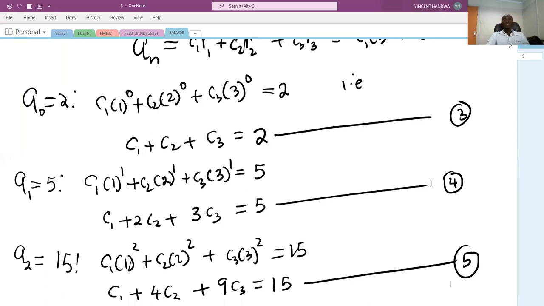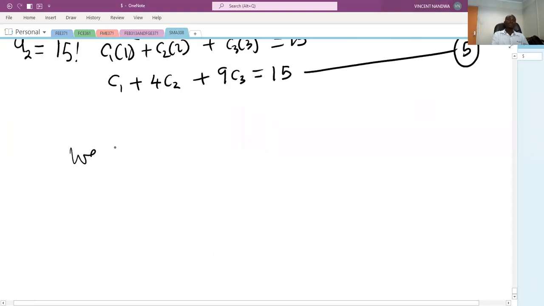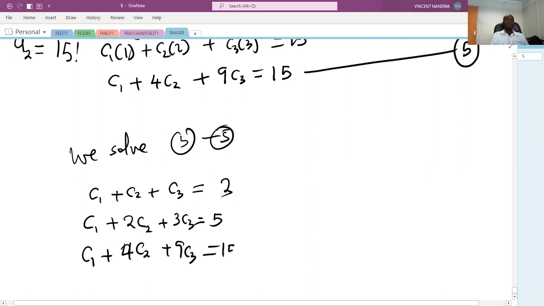So therefore, the problem now turns to be a linear algebra problem. So we solve system 3 to 5. So we have C1 plus C2 plus C3 equals 2. And the next equation is C1 plus 2C2 plus 3C3 equals 5. And the other one we have C1 plus 4C2 plus 9C3 equals 15.